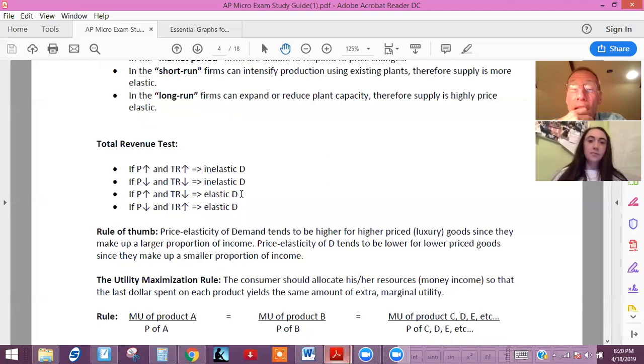And if something is elastic, then the percentage change in quantity is going to be more than the percentage change in price.